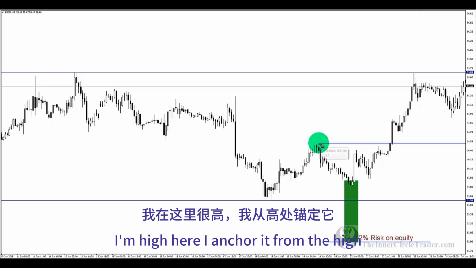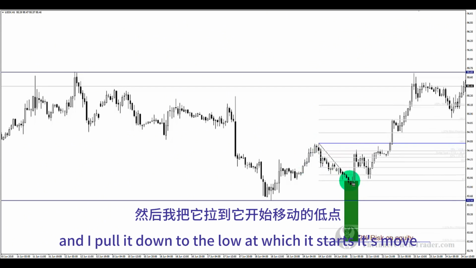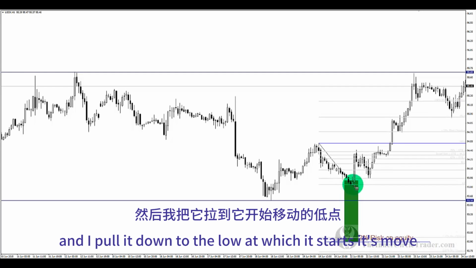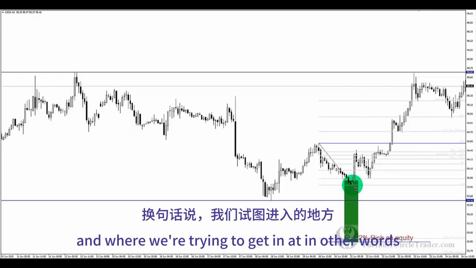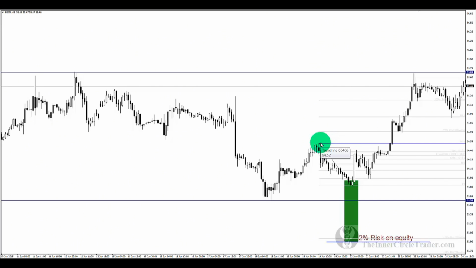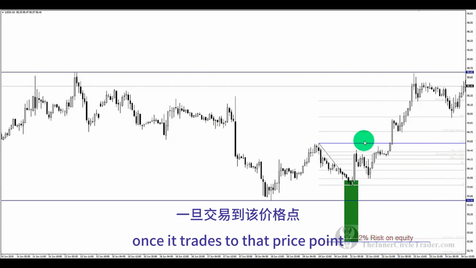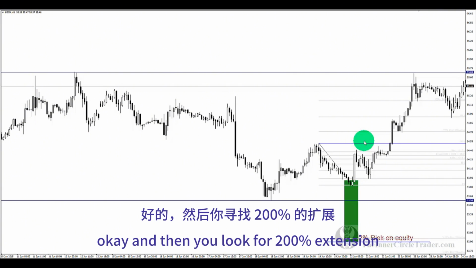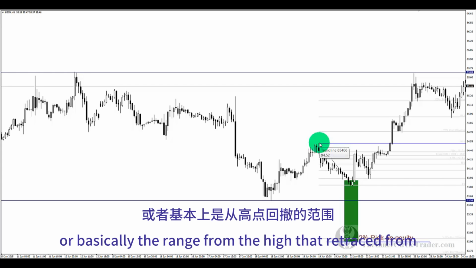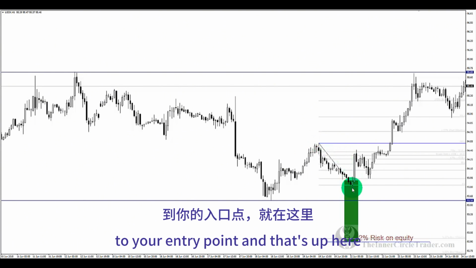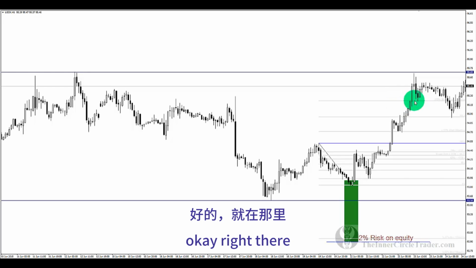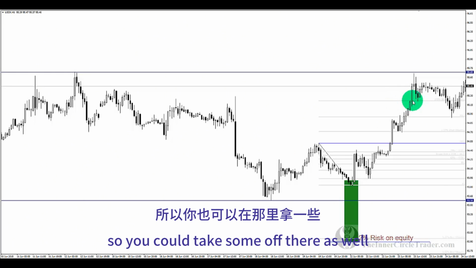I anchor it from the high and pull it down to the low at which it starts its move, where we're trying to get in, in other words. You could take some of the trade off here at this old high once it trades to that price point. Then you look for 200% extension, basically the range from the high it retraced from to your entry point, and that's up here. So you could take some off there as well.